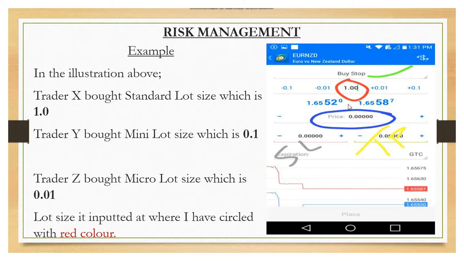You can see on the right we have plus 0.01 and plus 0.1, and on the left we have negative 0.01 and negative 0.1. That is the lot size we have circled with red. That's where you input your lot.